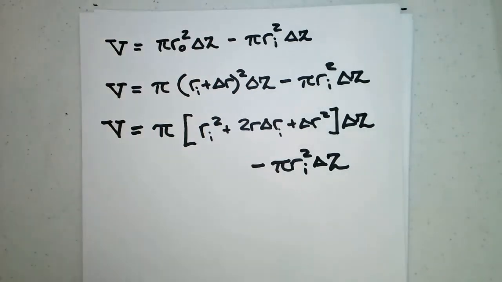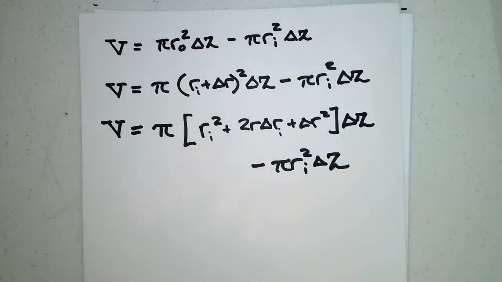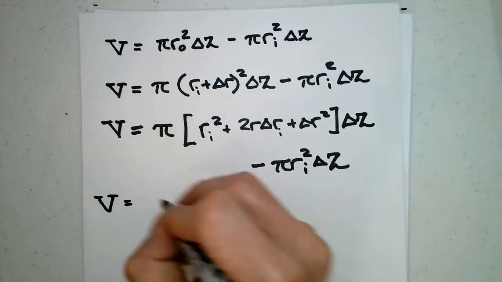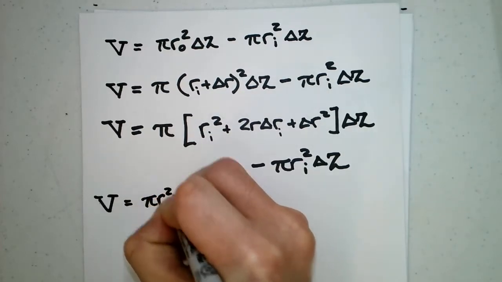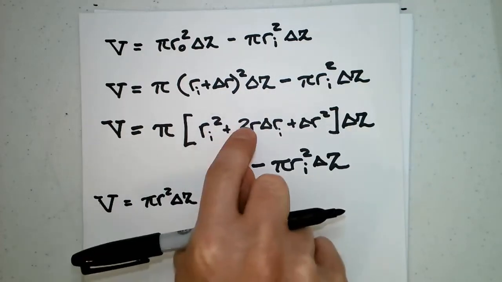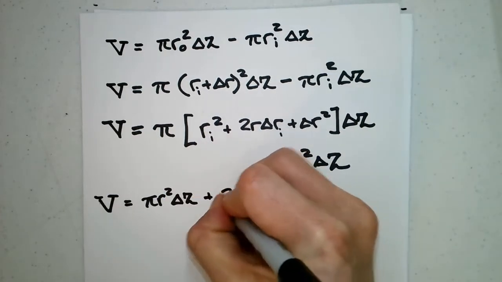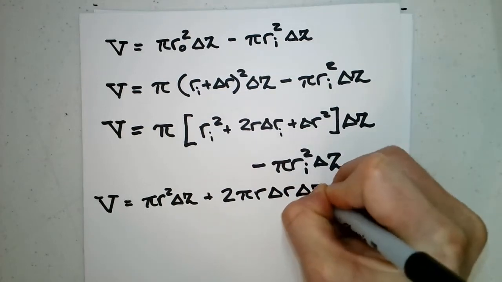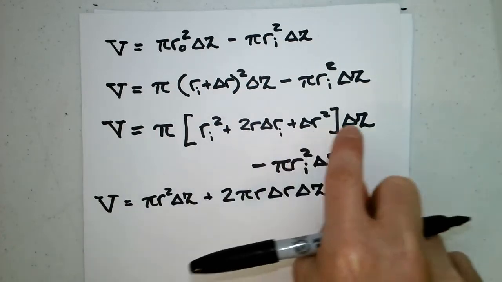All right, now we can distribute this. So we have pi and delta z that needs to be distributed throughout this equation. Let's see, we got pi r squared delta z. We have plus 2 pi r delta r delta z. All right, then we have plus pi delta r squared delta z.